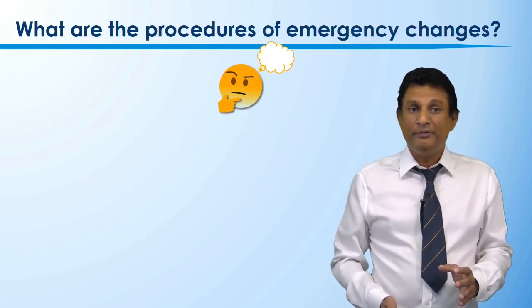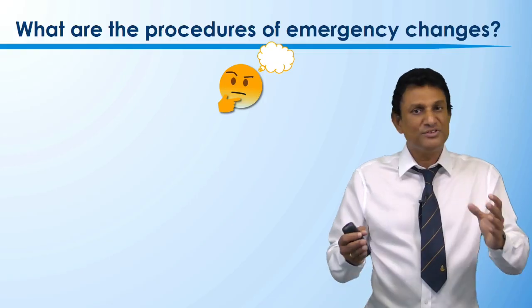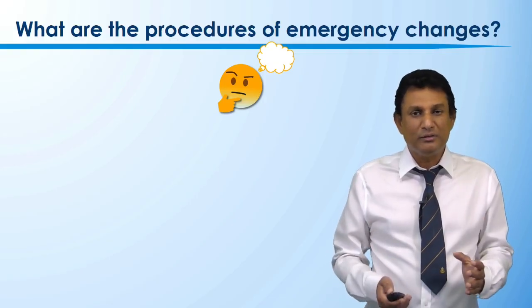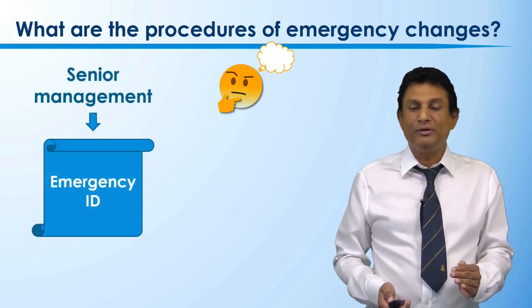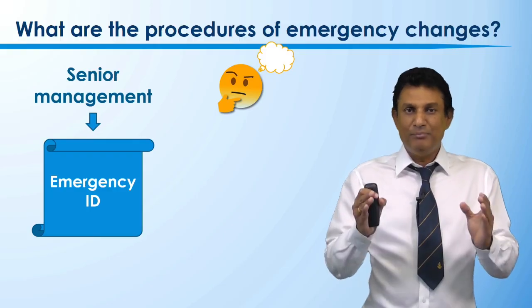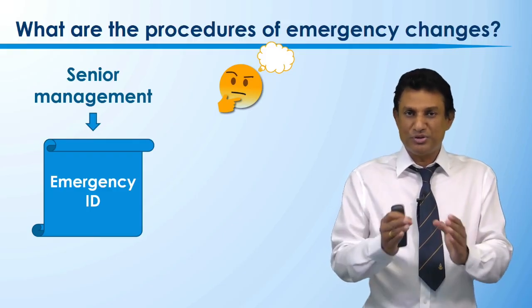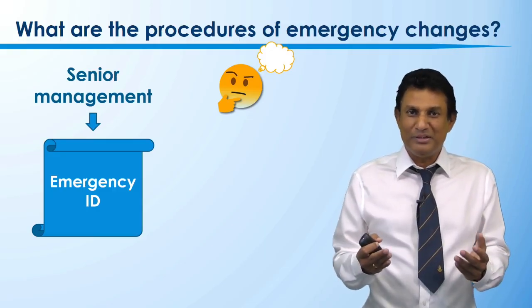And then, how do we do the emergency change? That's the next question. Can you think of ways to do it? How we do the emergency change is something called an emergency ID. Say, for example, at midnight only 1 or 2% of people may be within the organization. Everybody's sleeping at home.